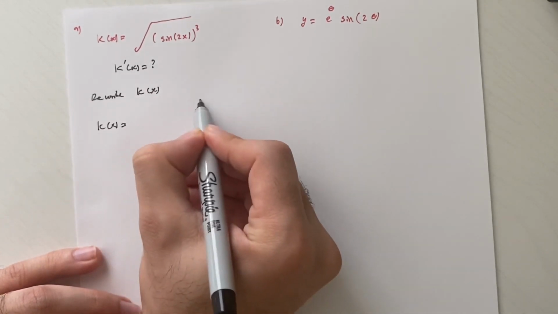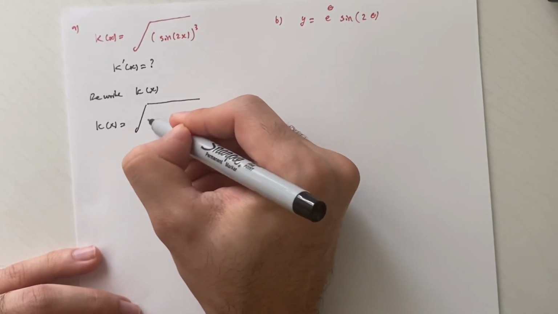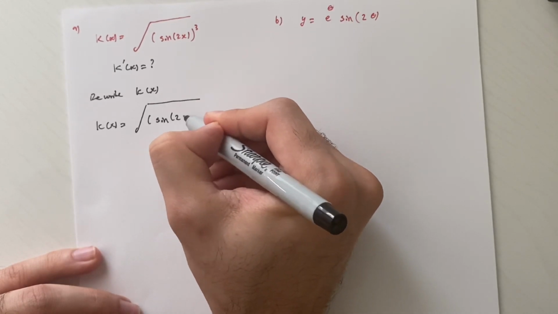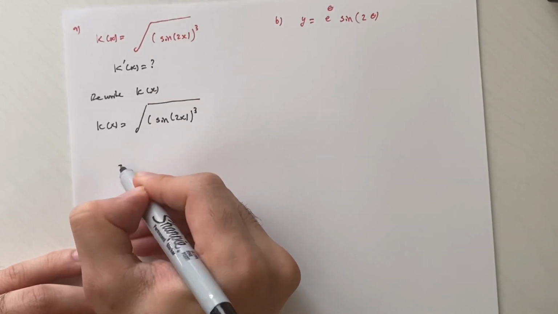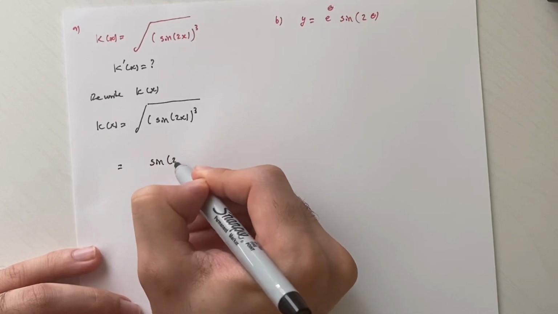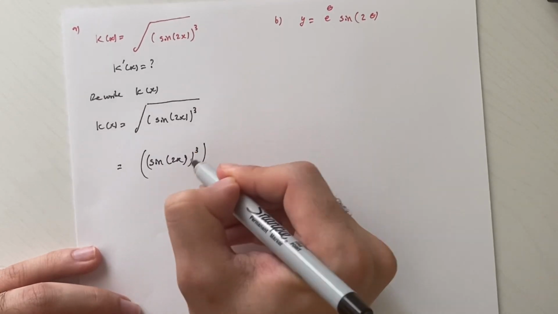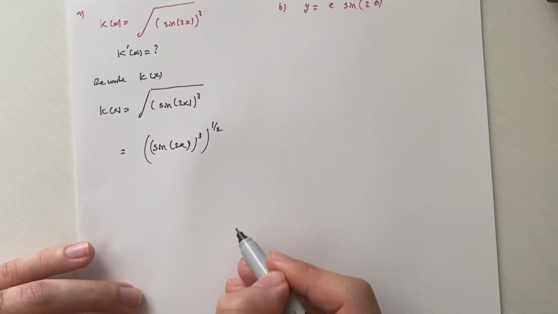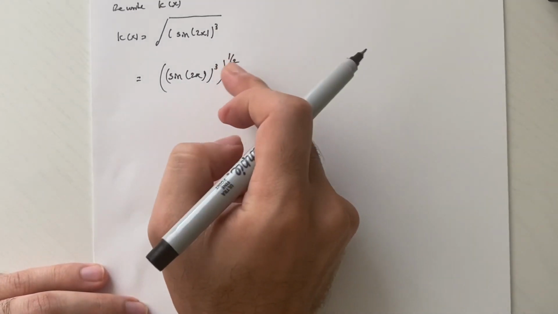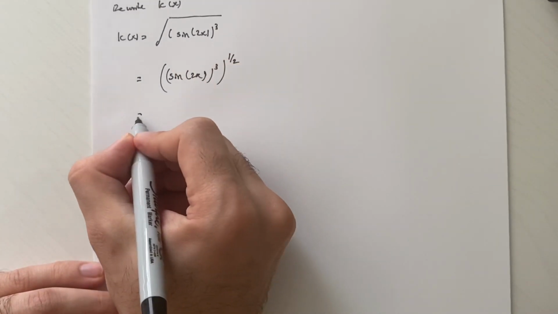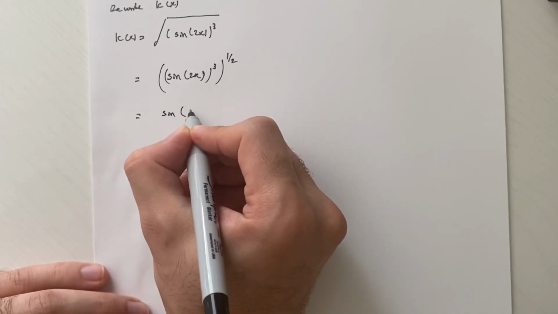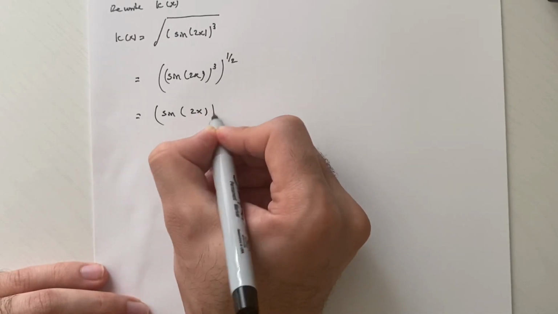So k of x is the square root of sine 2x, all to the power of 3. What I'm going to do is transform the square root to the power of half, and then using the power rules, multiply 3 by the half to become 3 over 2.